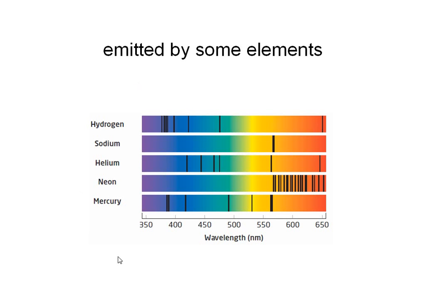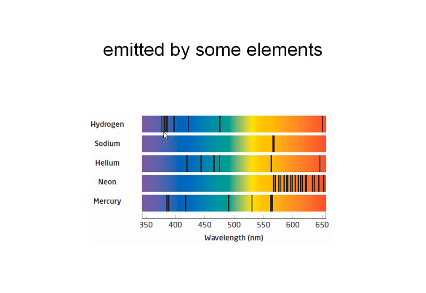How is light produced? Chemical elements can produce light. For example, hydrogen can produce such light. This is ultraviolet, UV ray.